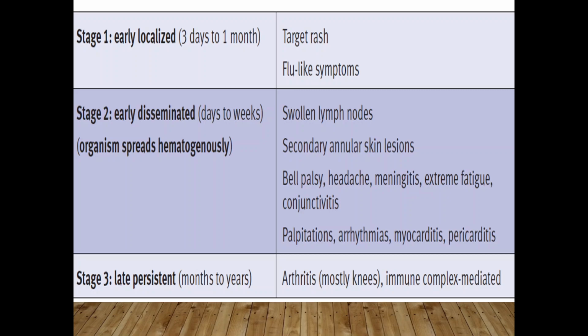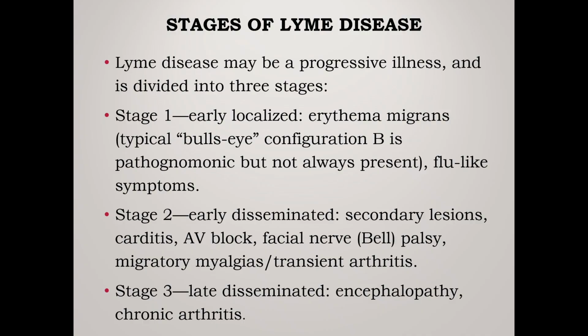And stage 3, late persistent: clinical symptoms include arthritis and immune complex mediated reactions. Lyme disease may be a progressive illness and is divided into 3 stages. I talked about it on the previous slide.